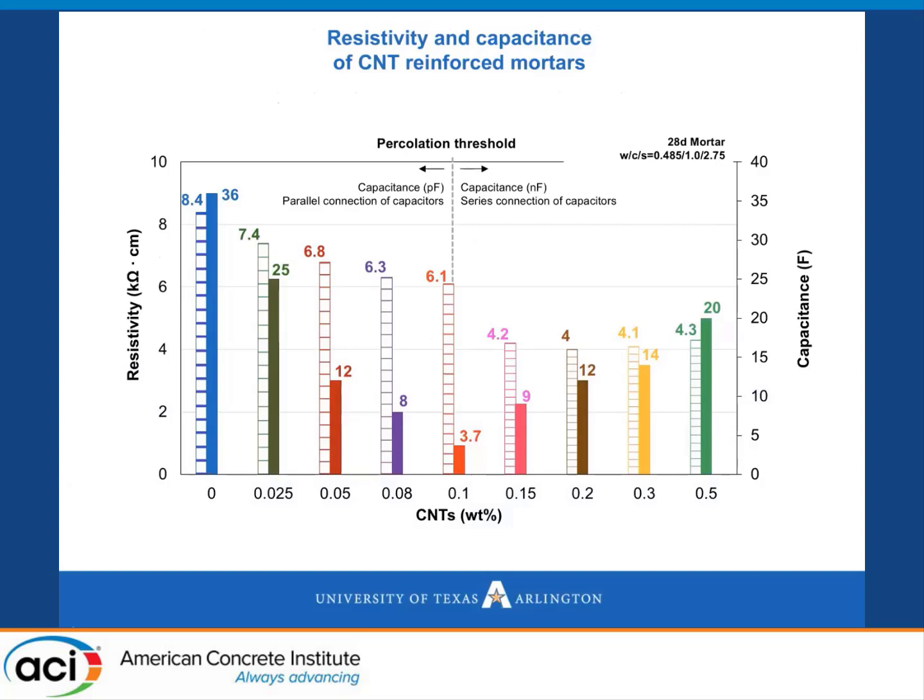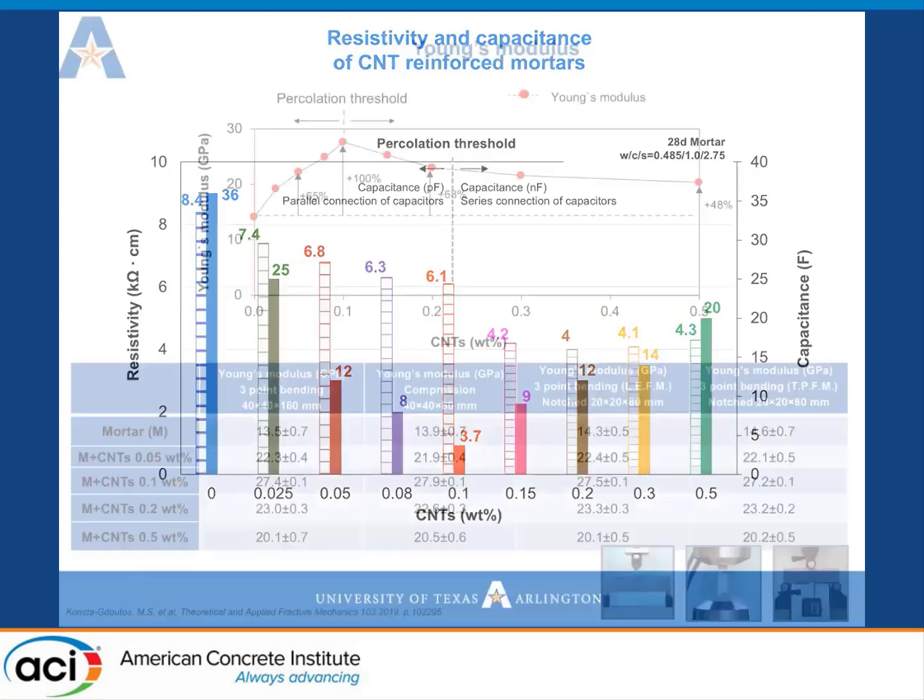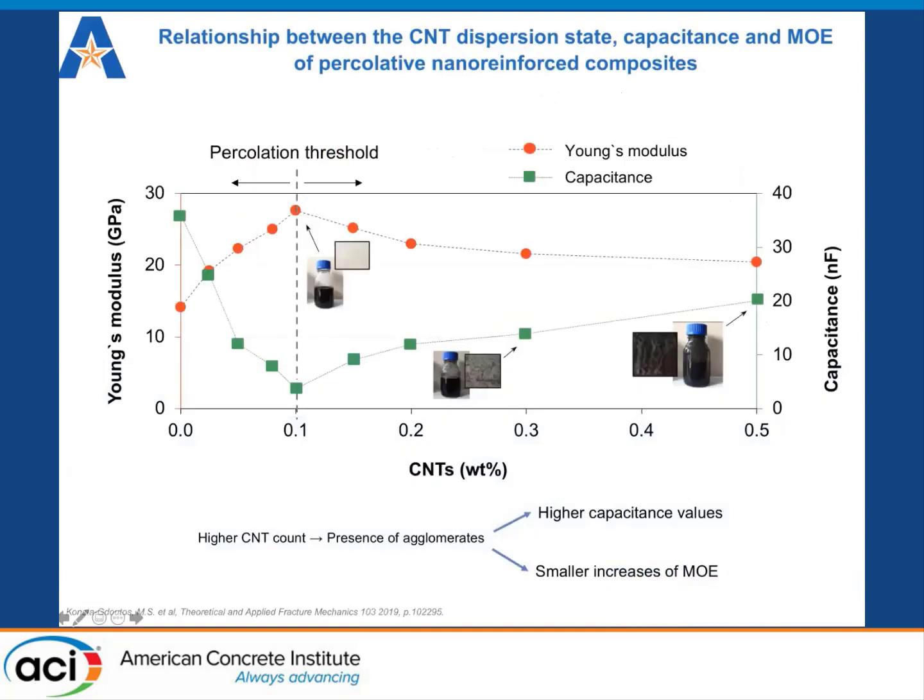Then we increase that, and 157% in capacitance was recorded. But looking at the Young's modulus values, the 0.15% mix compared to the 0.1% CNT reinforced mortar exhibits lower strength and stiffness.